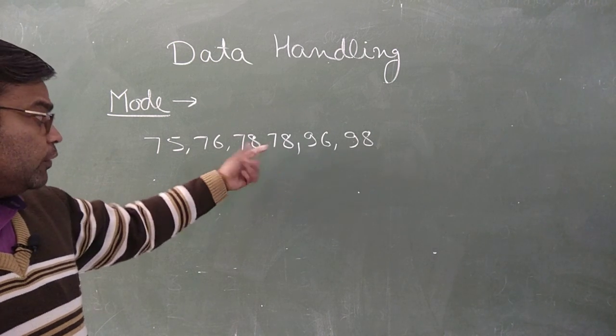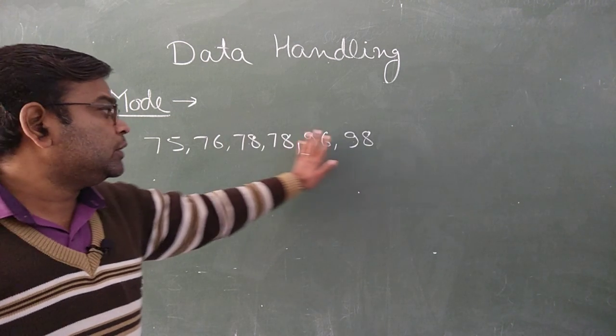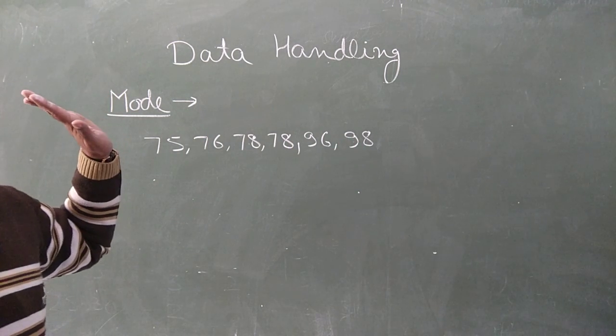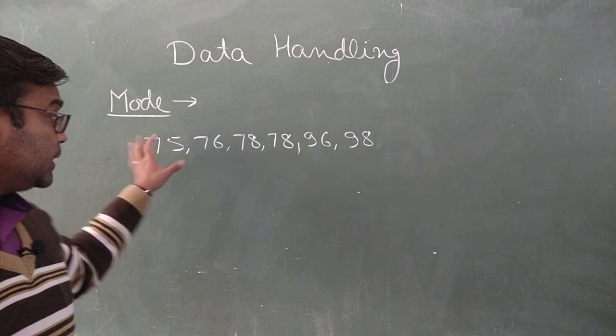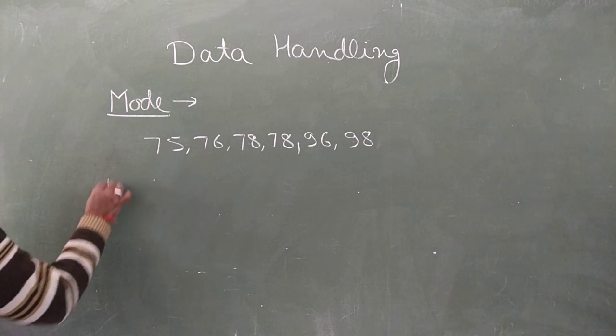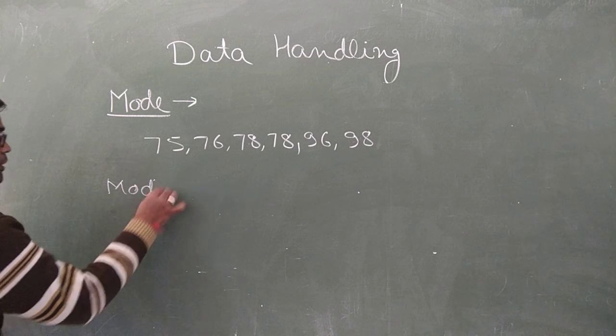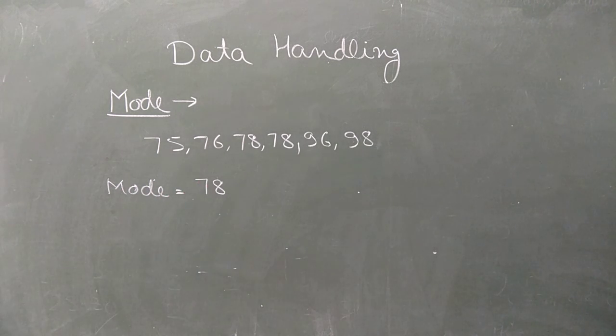This means the frequency of 78 is highest among the other data given in this set. So in this case, the mode is 78. Clear? This is known as your mode.